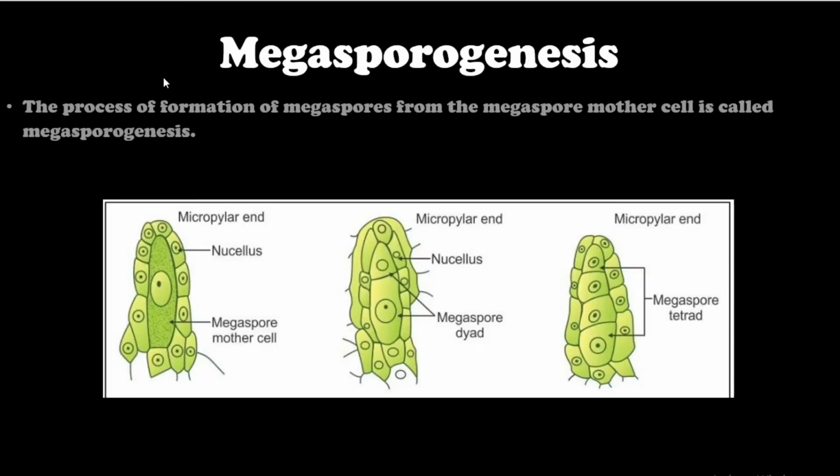So today we are discussing Megasporogenesis. Let us understand the meaning of Megasporogenesis. What is Megasporogenesis? It is a process of formation of megaspores from the megaspore mother cell.